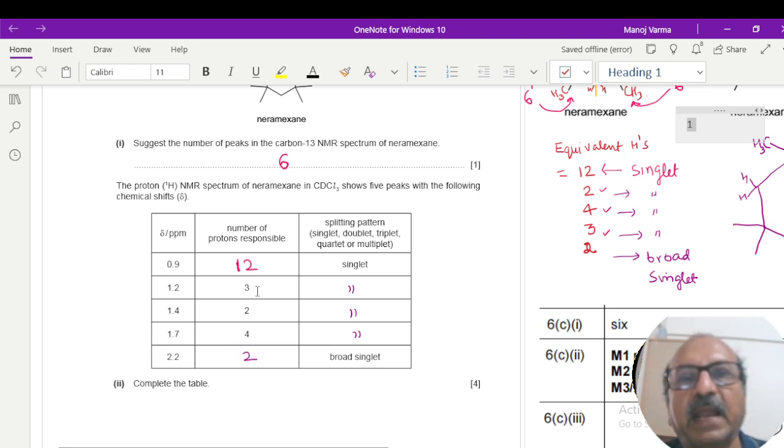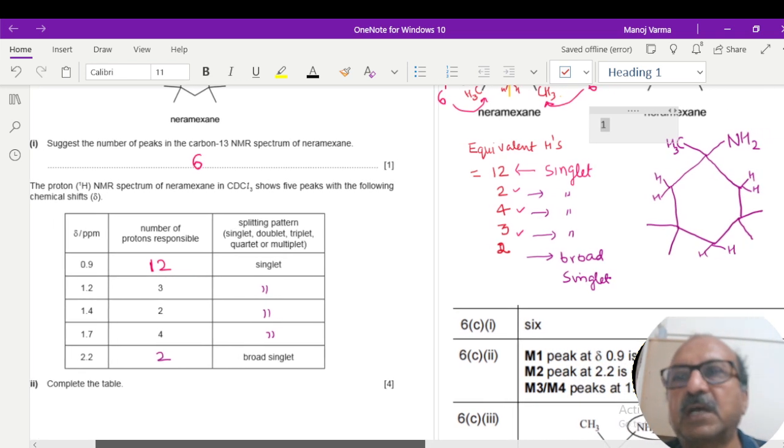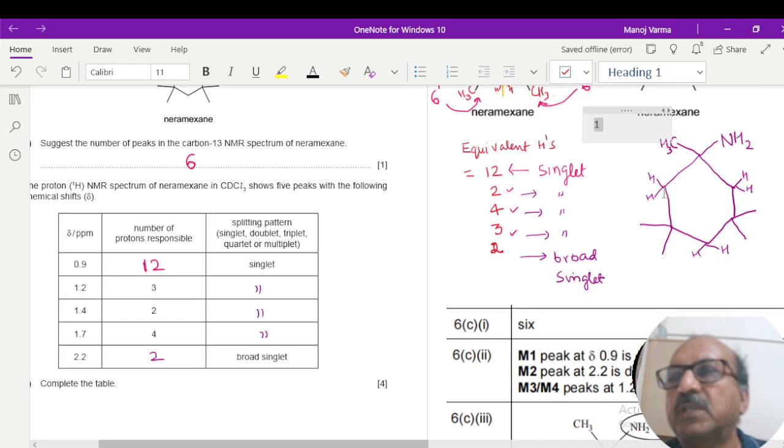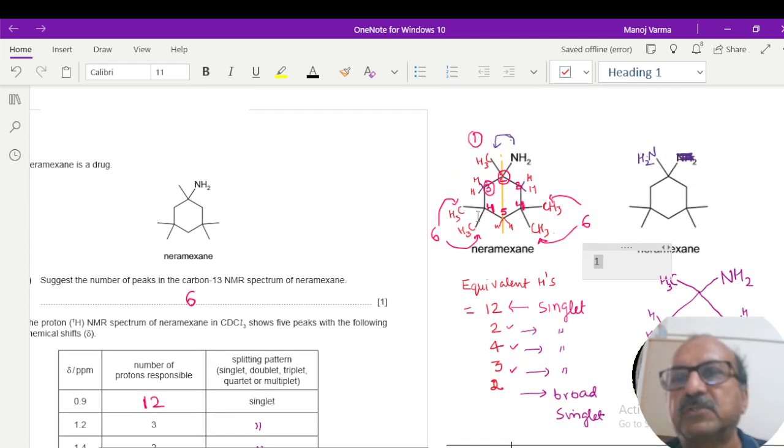Now, as far as the number of peaks or the splitting pattern is concerned, you can see that the protons are attached to a carbon, but the next carbon is not attached to any other hydrogens. For example, this carbon, this carbon, this carbon, this carbon.